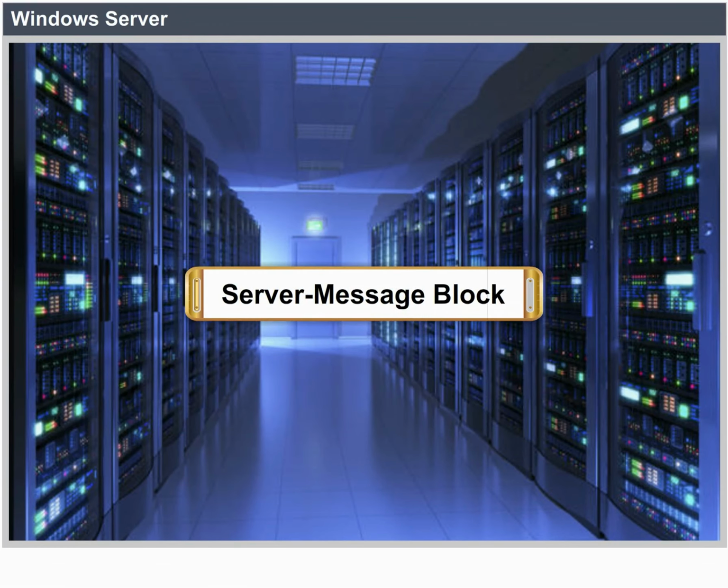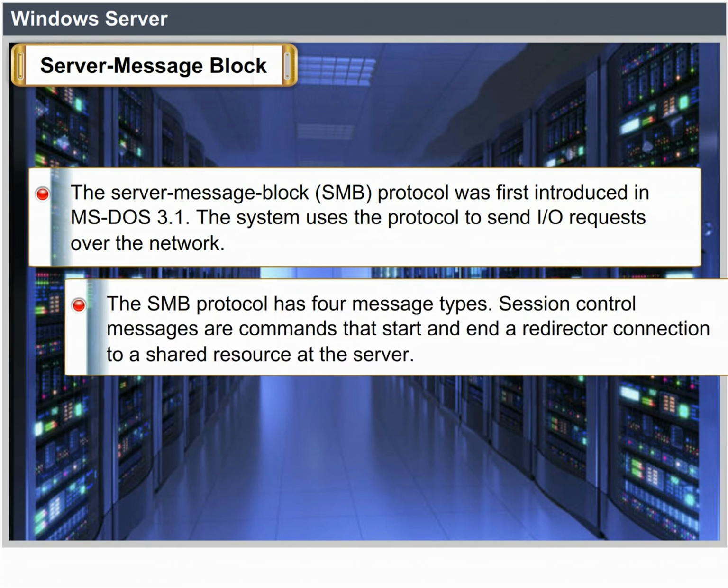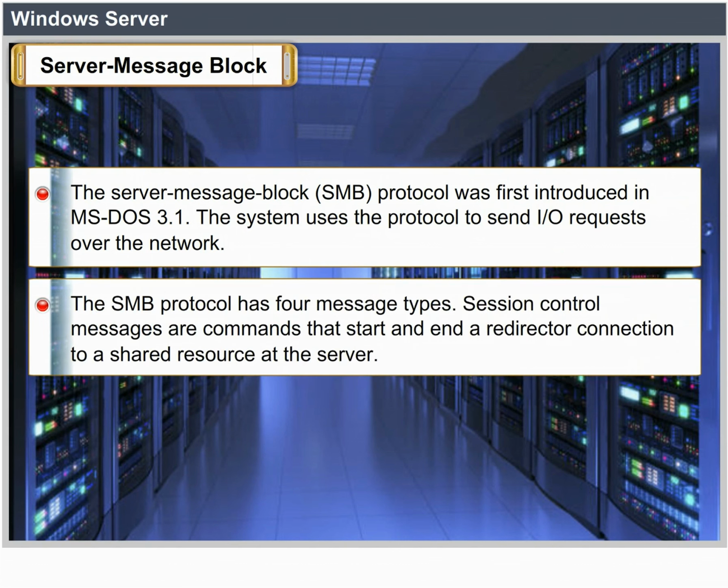Server Message Block. The Server Message Block (SMB) protocol was first introduced in MS-DOS 3.1. The system uses the protocol to send I/O requests over the network. The SMB protocol has 4 message types. Session control messages are commands that start and end a redirector connection to a shared resource at the server.